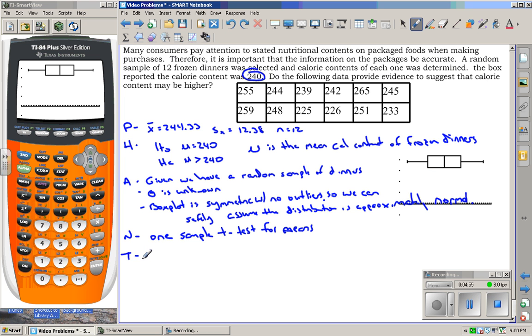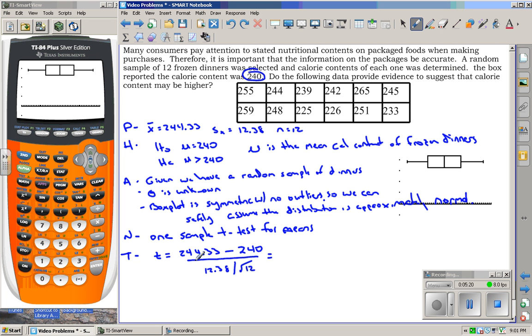Now you need to show your work on this, so you're going to need to know the formula. So the test statistic in this case, T, is going to be x bar, which is 244.33, minus the claim of 240, divided by the sample standard deviation, 12.38, divided by the square root of 12.